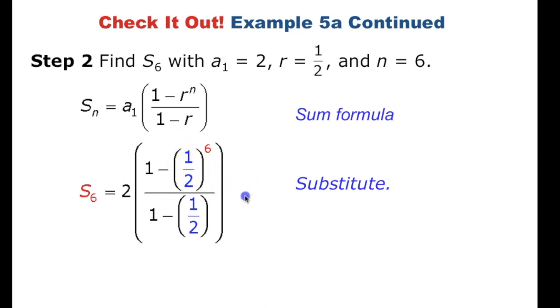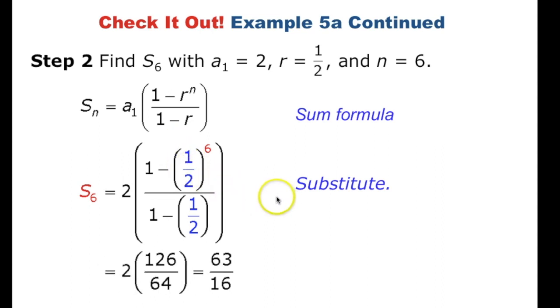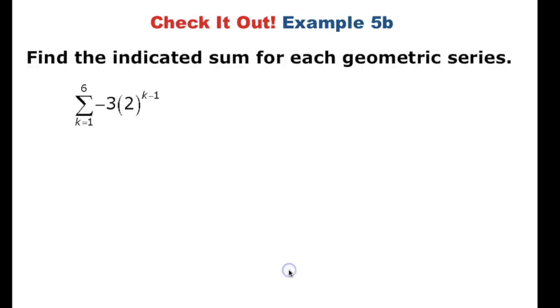Substituting those in, we get all of this on top is over 64 right here, and then this is over a half. And this gives us 63 over 16. That would be the sum of the first 6 terms. Kind of nice. We don't have to know the first 6 terms.